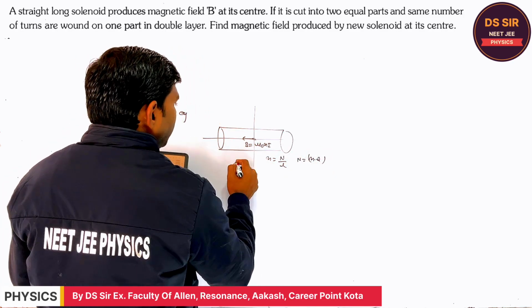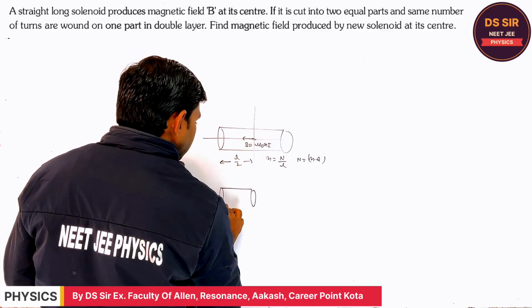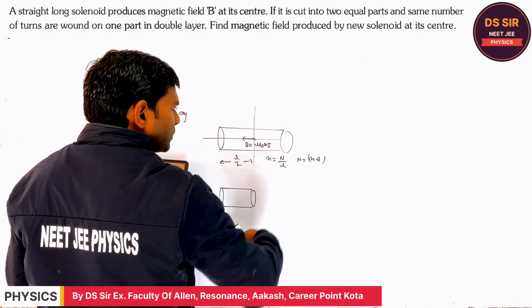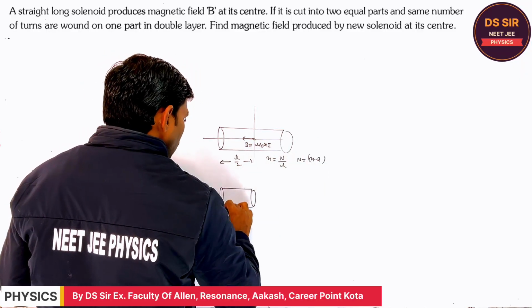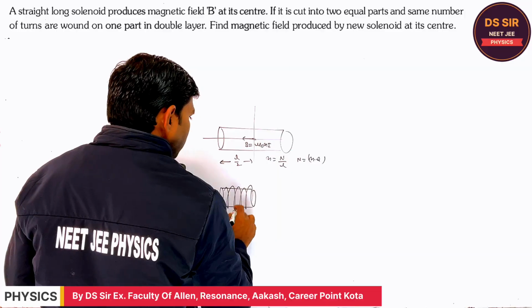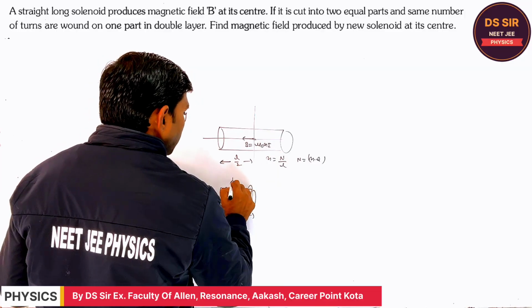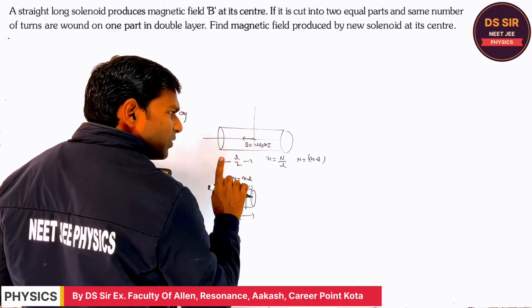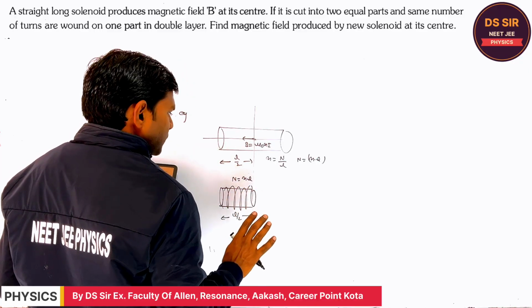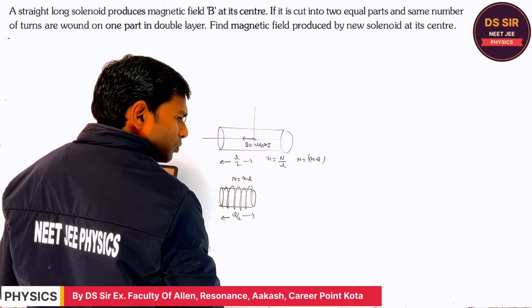Yes. So if its length becomes L by 2, the same number of turns, N L, are wound over the L by 2 length. So the total number of turns is N L and the length of the solenoid is L by 2.